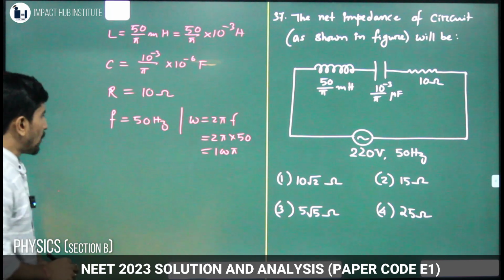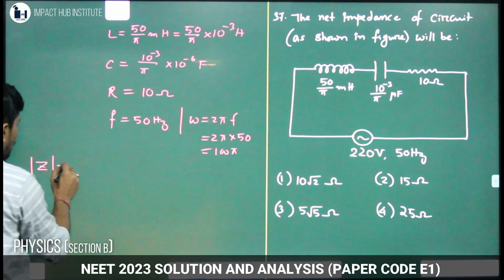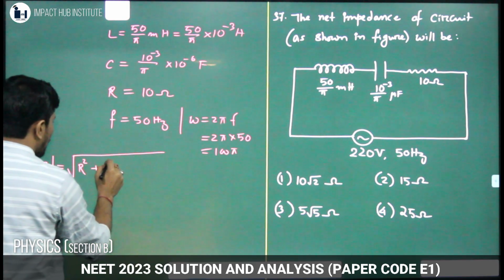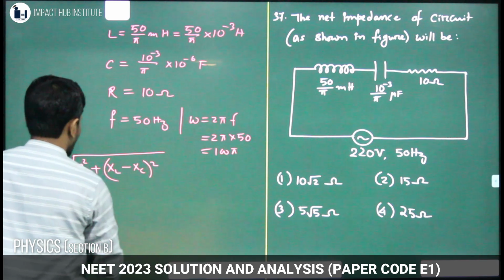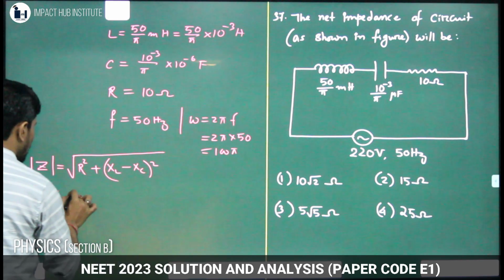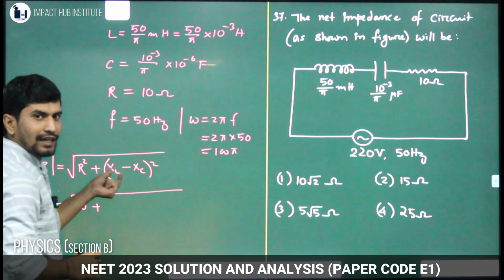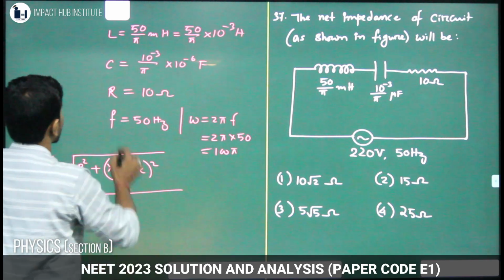Now what is the formula of the impedance? Let me write it down. The modulus of impedance is given by this relation: square root of R square plus (XL minus XC) whole square. So R is 10. What is XL? XL is the inductive reactance and XC is the capacitive reactance.